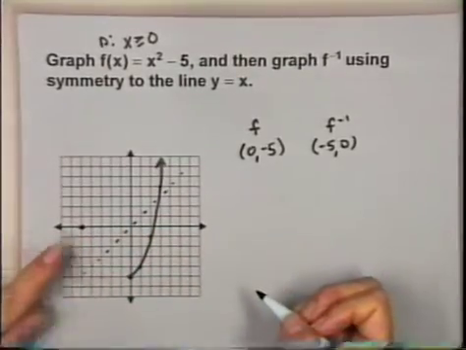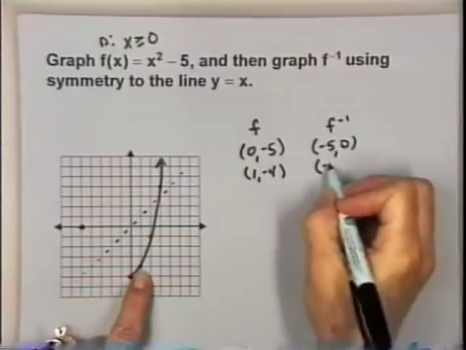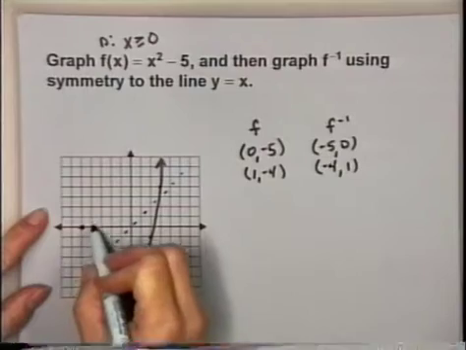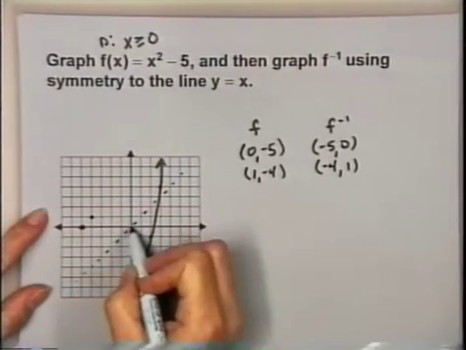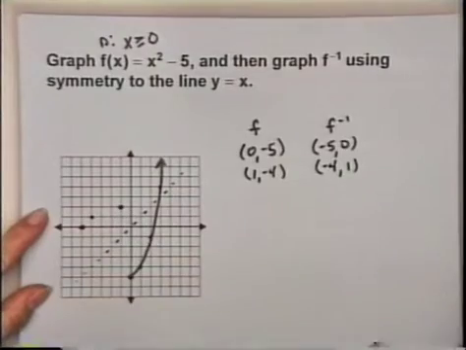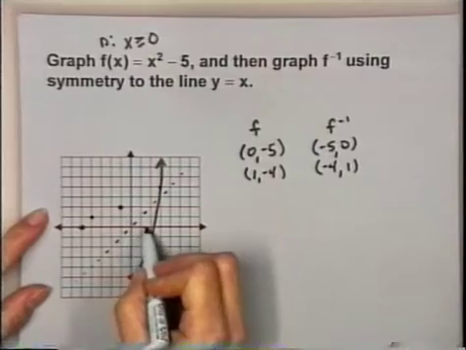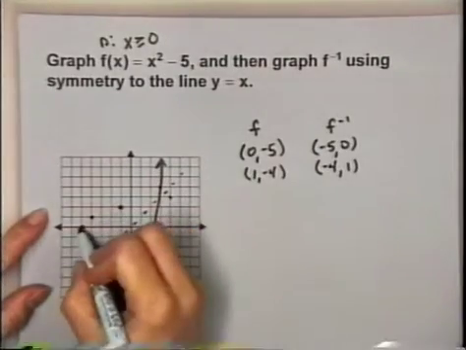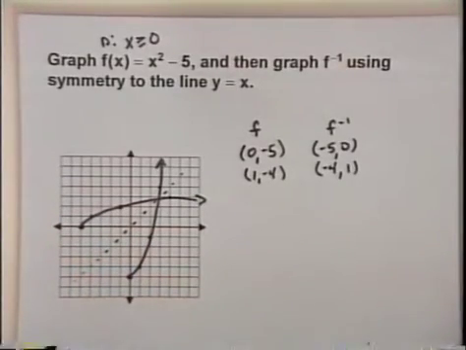That would be that point right there. This point had coordinates 1, negative 4. If I reverse that, I have the coordinates negative 4, 1. And of course, this is 2, negative 1, so negative 1, 2. This point was 3, 4, so I'm going to go 1, 2, 3, 4, 1, 2, 3, and I will sketch that part. And you can see the symmetry to y equals x.